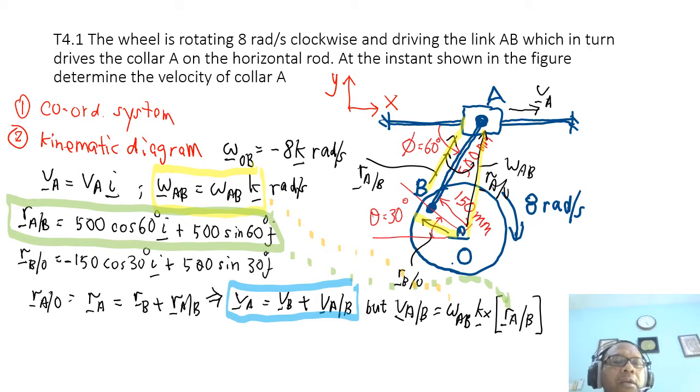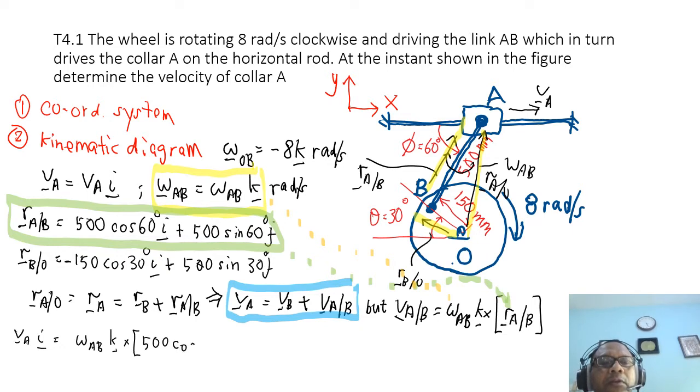VA i equals VB plus omega AB k cross the position vector A relative to B, which is 500 cos 60 degrees i plus 500 sine 60 degrees j. That is VA relative to B, plus VB.